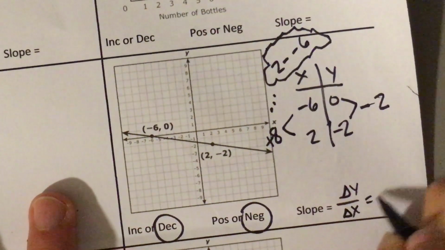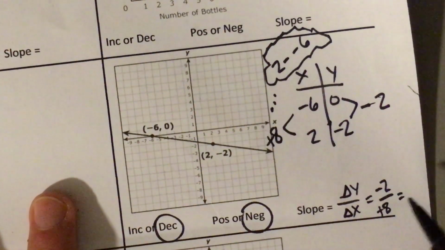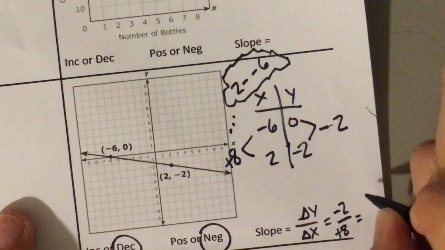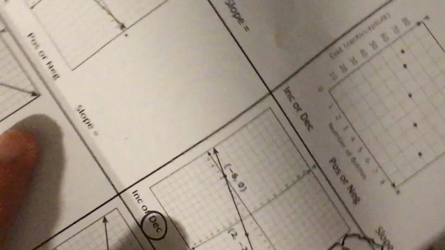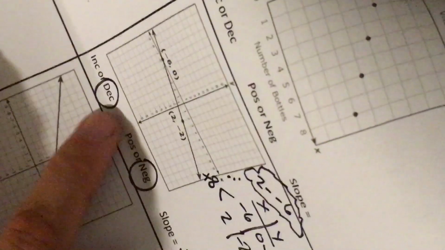So -2 over +8. Now, if I were to put that in the calculator, -2 divided by 8, right, you might get, and I'm just going to kind of keep working up here, 0.25, right?